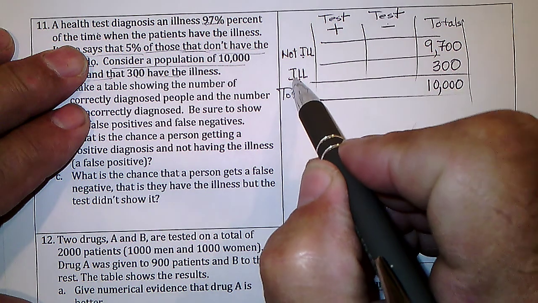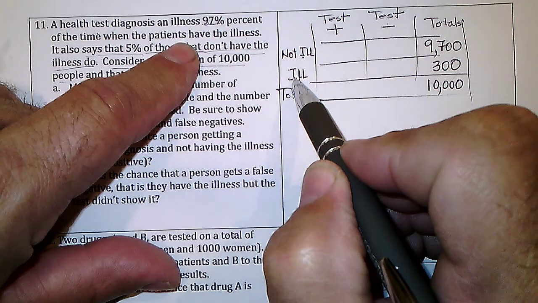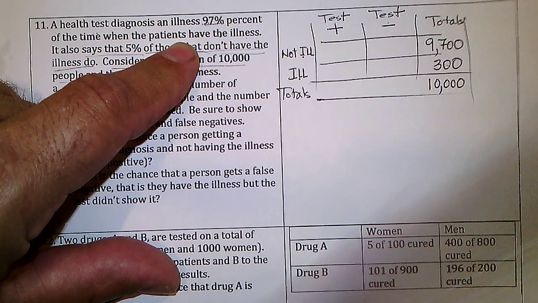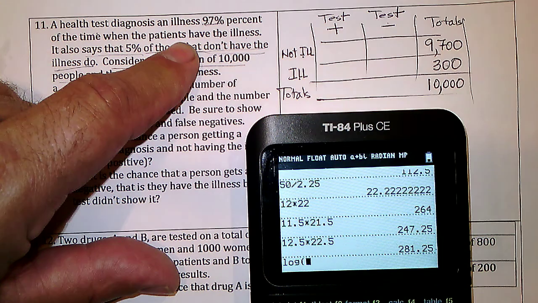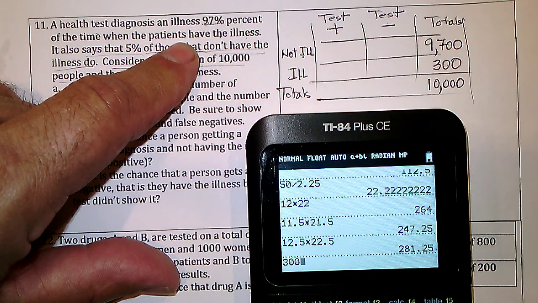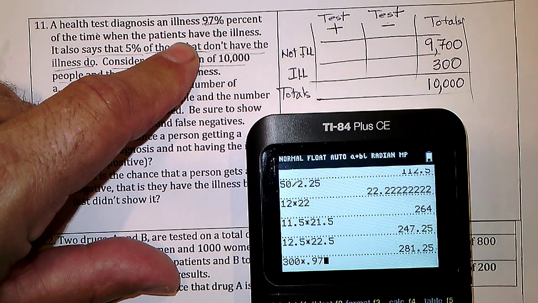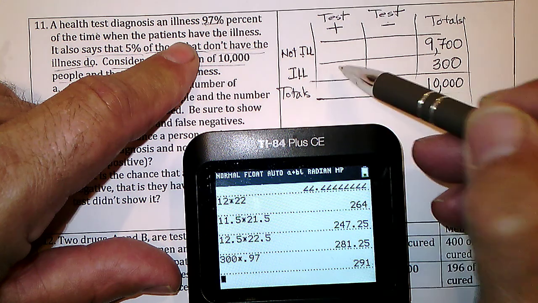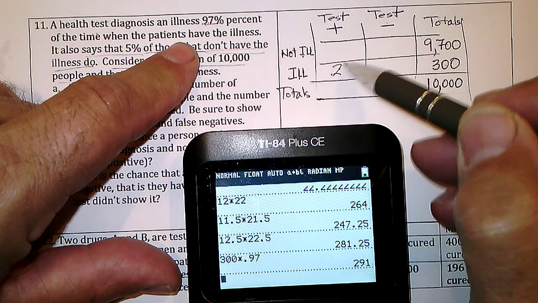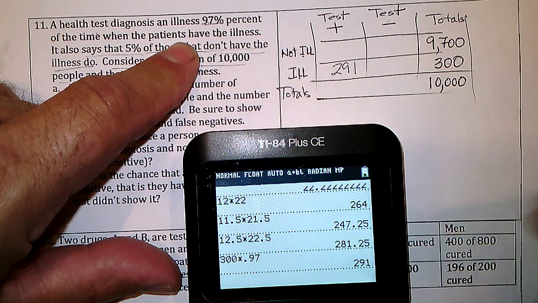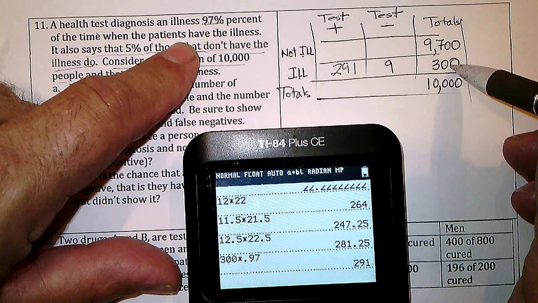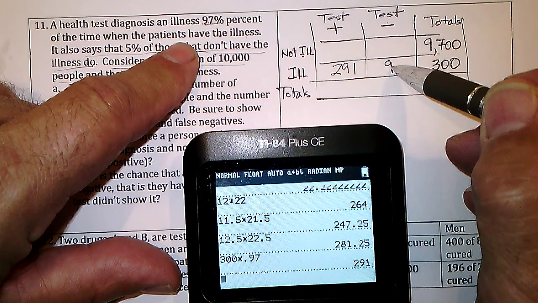So if they have the illness, it gets 97% correct. 300 times 0.97 is 291. Have the illness and it tests correctly, 291. That means there's 9 of the 300 that have the illness that it doesn't catch.